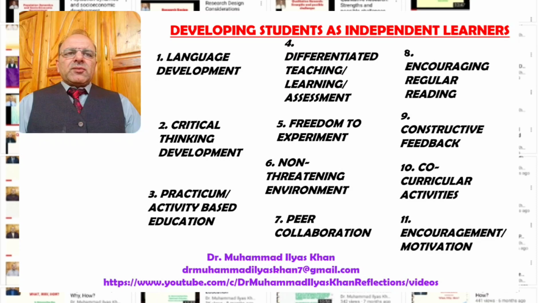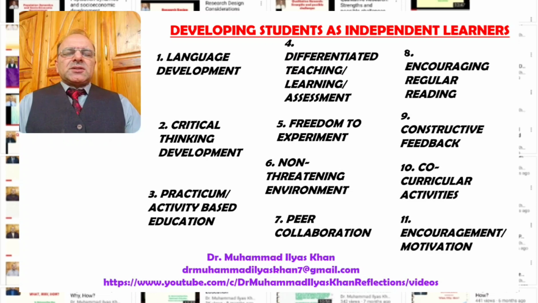Another very important thing is the encouragement of regular reading. Reading is very important in making the students independent in terms of their learning, because reading helps students in developing their vocabulary, in developing background theoretical knowledge, and also gives students the opportunity to reflect on whatever they read.